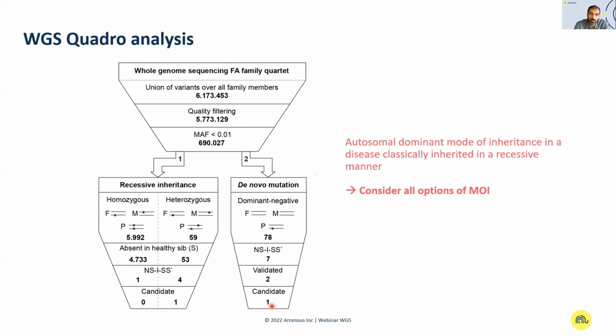And therefore, we were able to identify a novel disease-causing mutation in a novel gene with this disease that hasn't been described before. And this example shows us that when you consider the mode of inheritance during the filtering, and you are not able to identify the disease-causing variant, you should always broaden your spectrum and also consider a different mode of inheritance that could cause the disease.